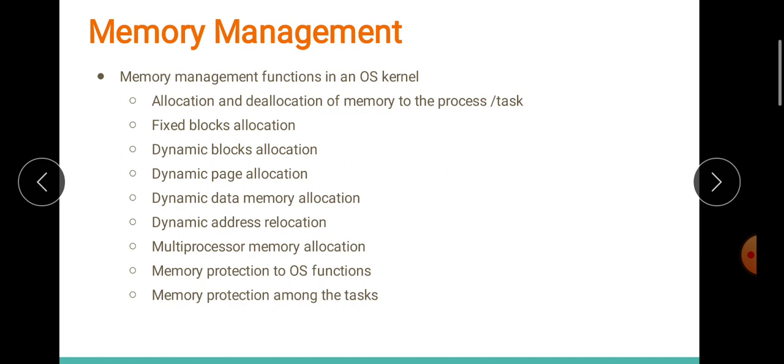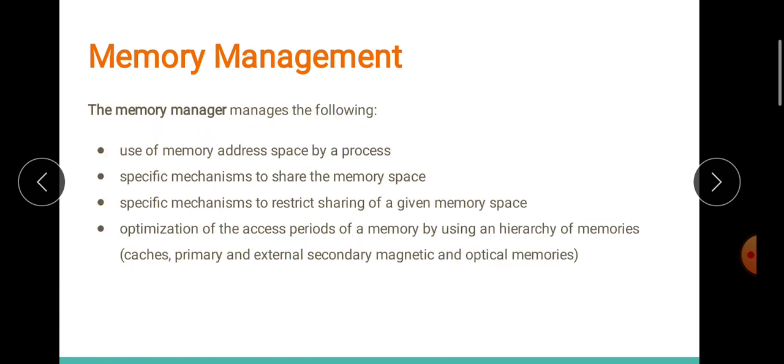So our memory manager section is responsible for all these functions. They ensure that there is a proper use of memory address space by a process. There is a proper mechanism to share the memory space, even to restrict sharing of a given memory space, exclusive memory space. And there is an optimization of the access periods of a memory by using a hierarchy of memories.